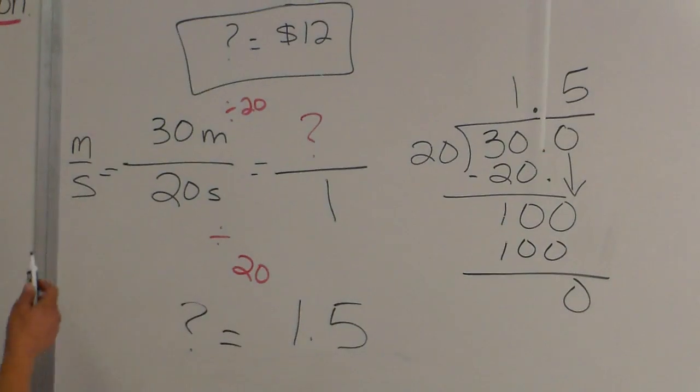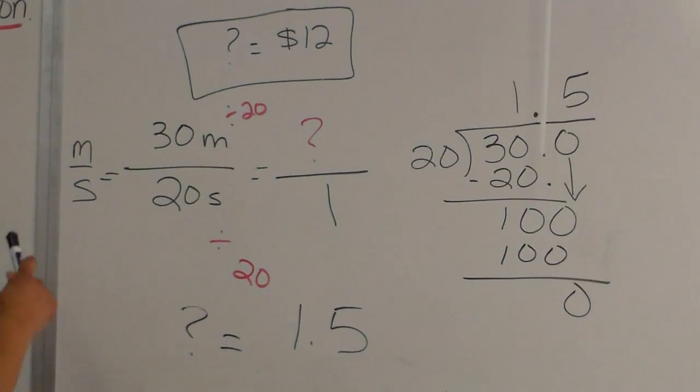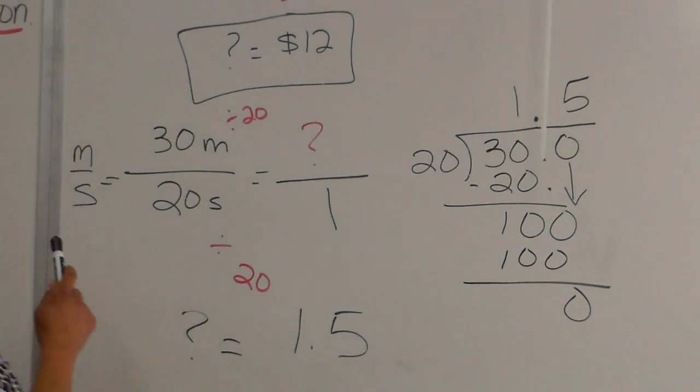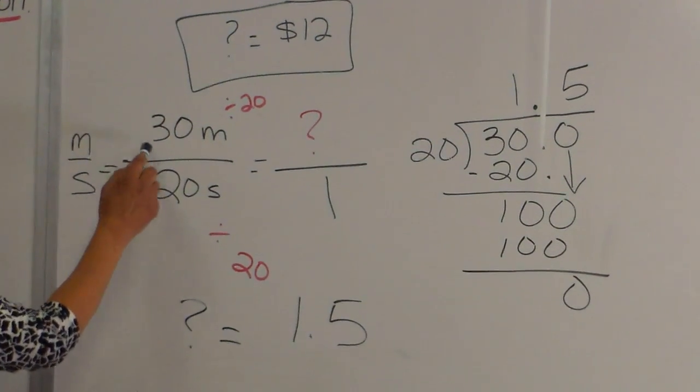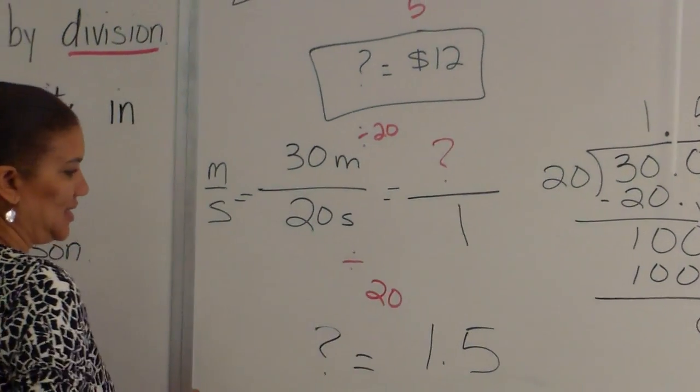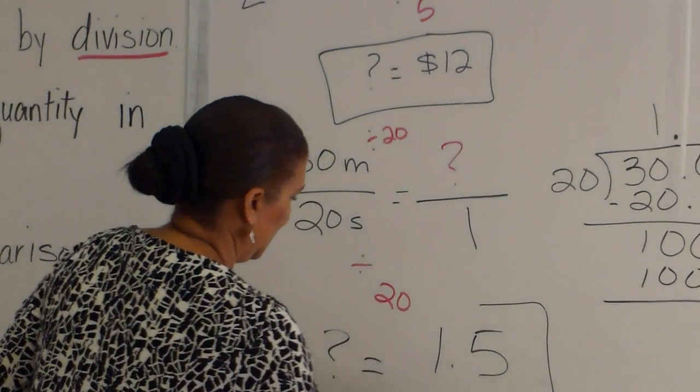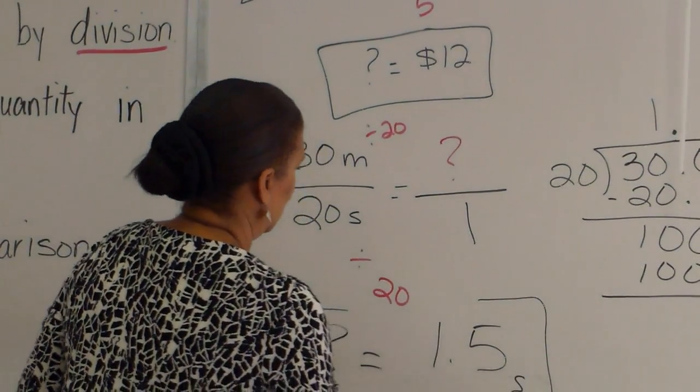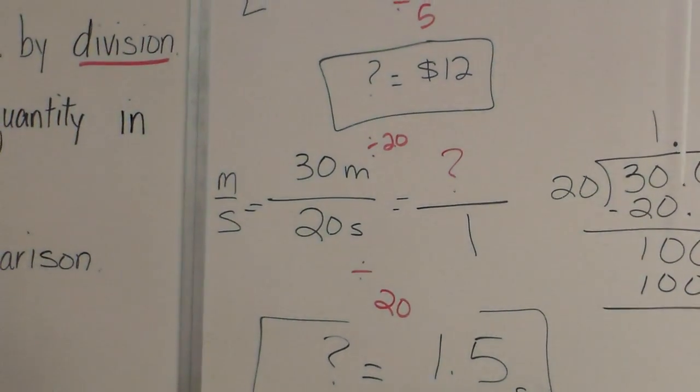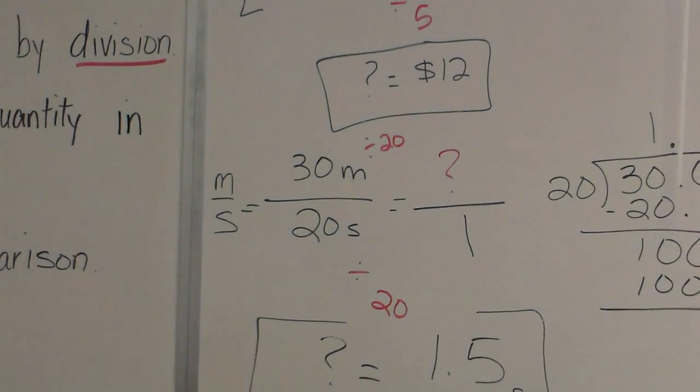So how many meters, what's his name, Michael? How many meters does Michael walk in 1 second? He walks 1.5 seconds.